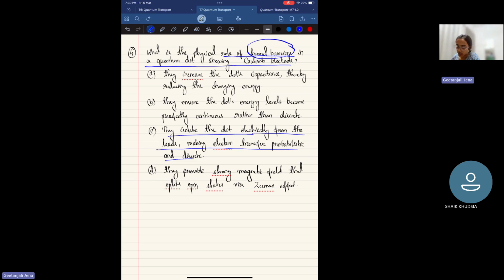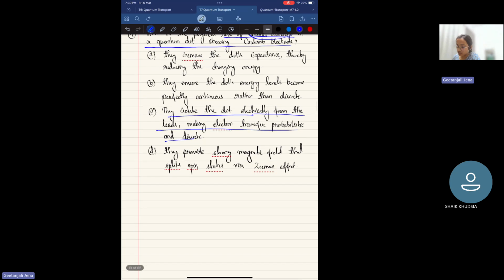So why do we have a tunnel barrier? We say that the dot is tunnel coupled to the source. By tunnel coupled, we mean that there is a resistance in this tunneling region, and also a resistance at the drain.